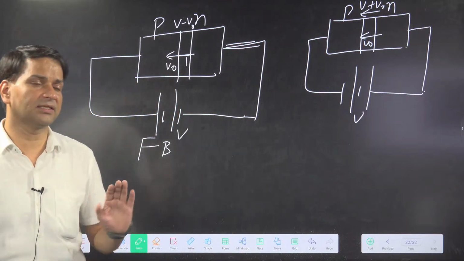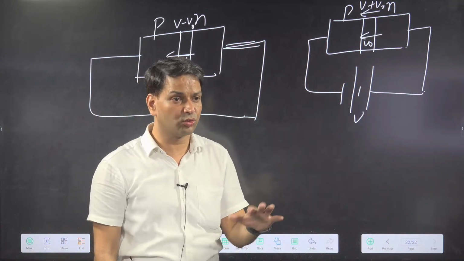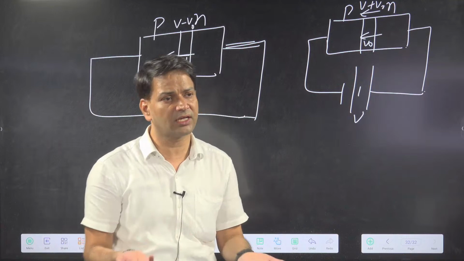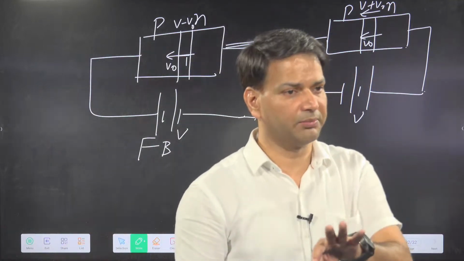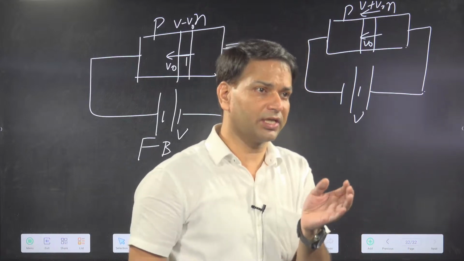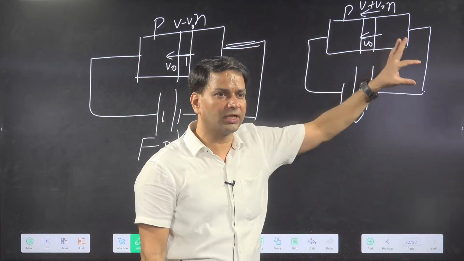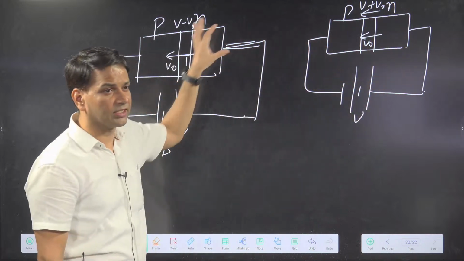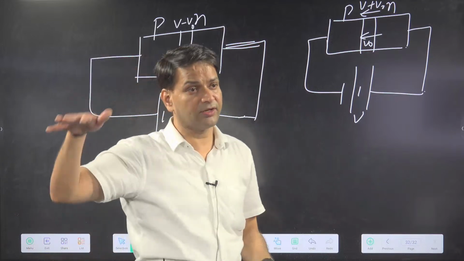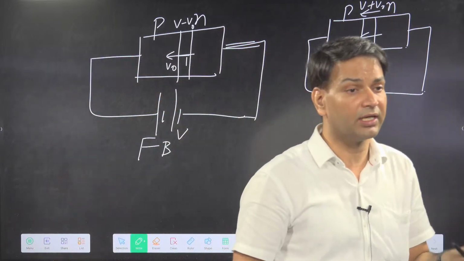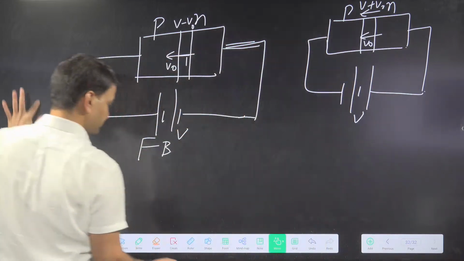Second thing, suppose you have connected 2 diodes in reverse biasing, both identical. Then the potential drop across both diodes will be the same. If both are in forward biasing, then the potential drop across them will be the same. But suppose one is in forward biasing and one is in reverse biasing, then the potential drop will be different. Like suppose I am saying this.